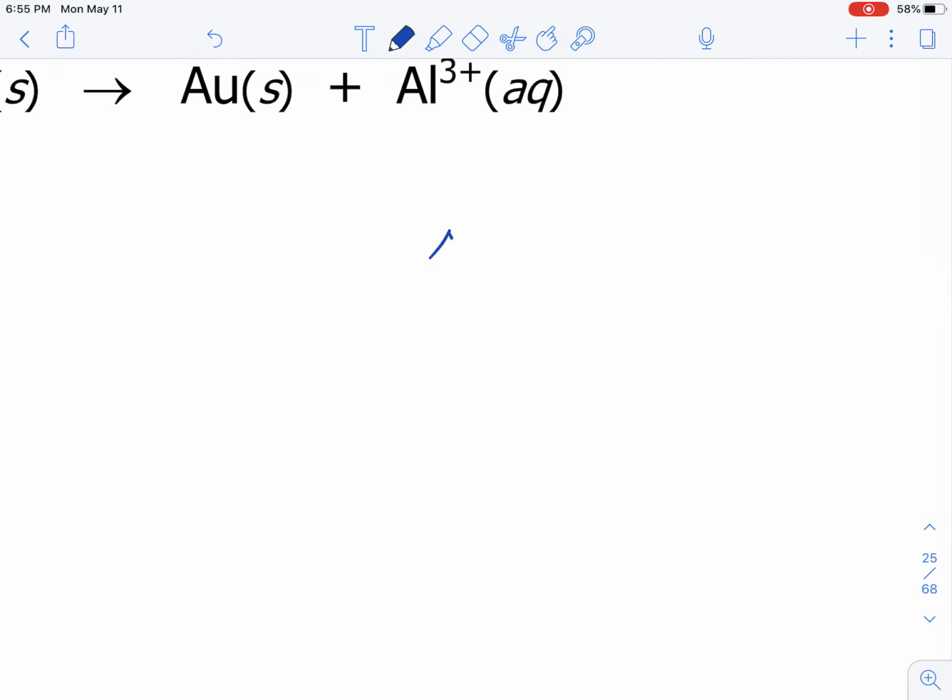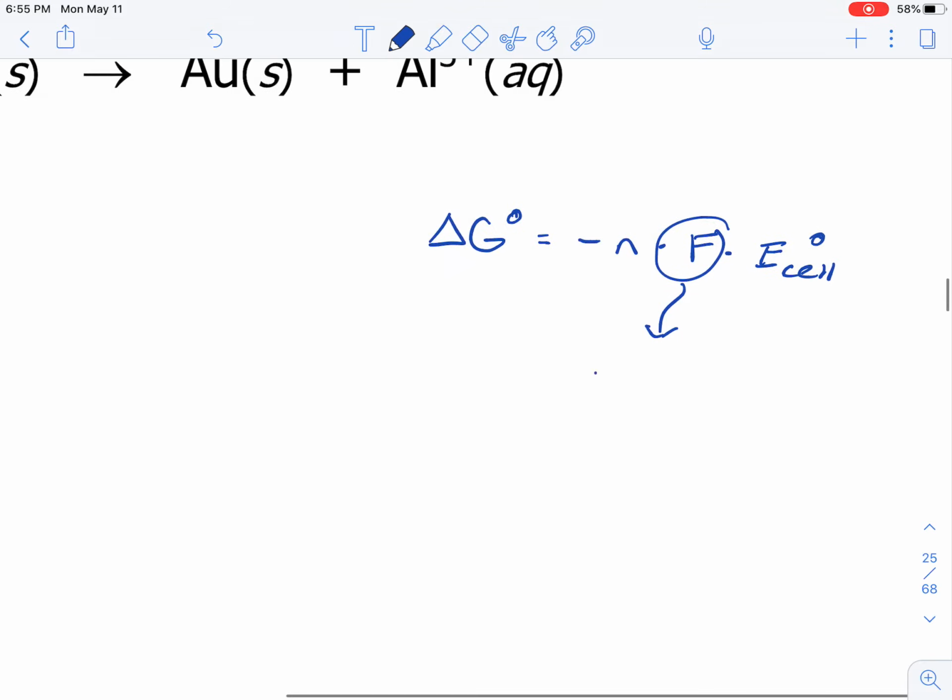I know that the change in Gibbs free energy under standard condition is equal to negative N times F times E cell, where F represents Faraday's constant, so that's 96,485 coulombs per mole of electron.